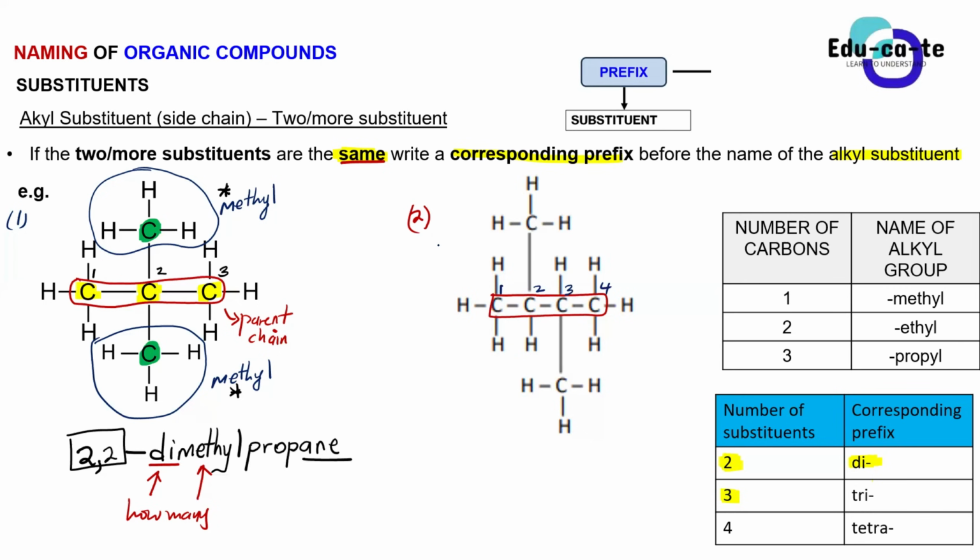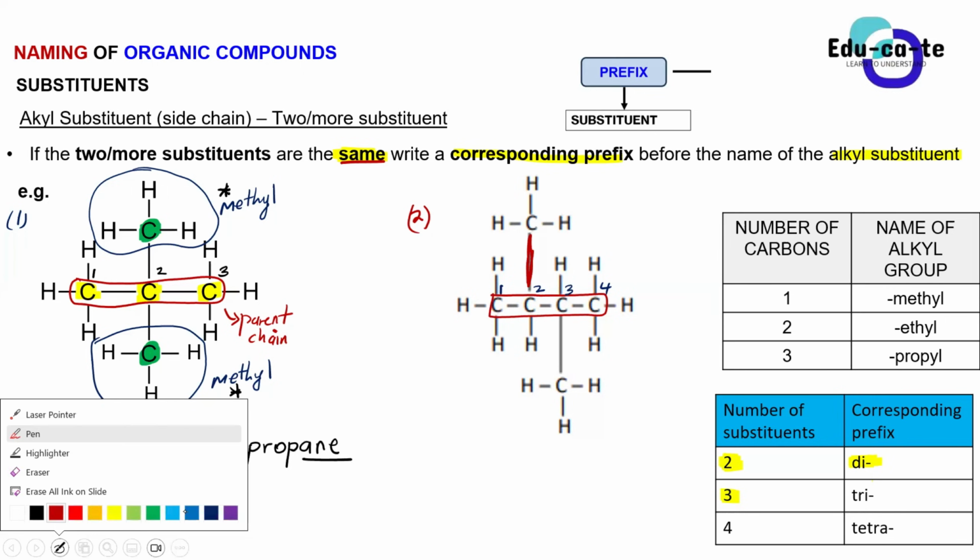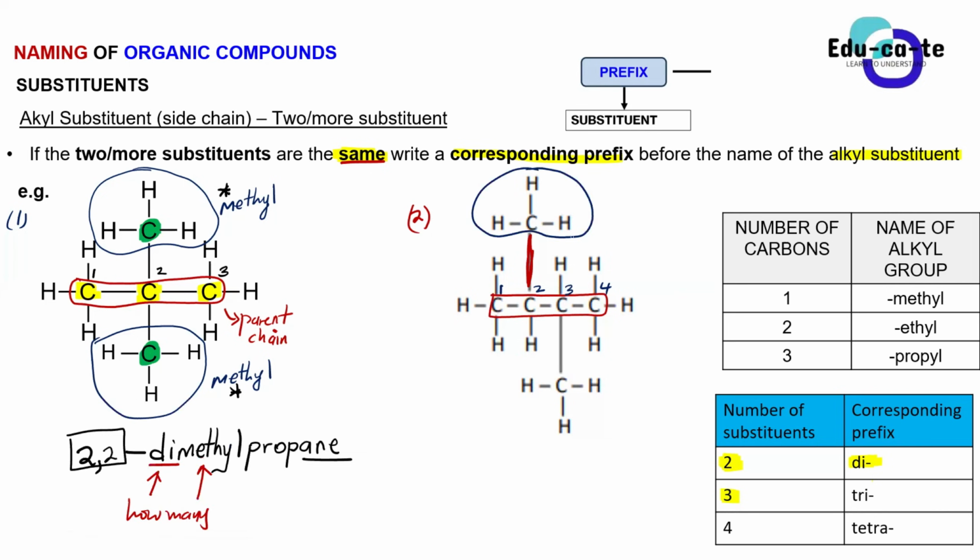Yes, so here on carbon number 2, which is part of the parent chain, it is bonded to another carbon that is kind of its side chain, and this carbon is bonded to 3 hydrogens. So we say that this is our methyl group. So we have a methyl group on carbon number 2.